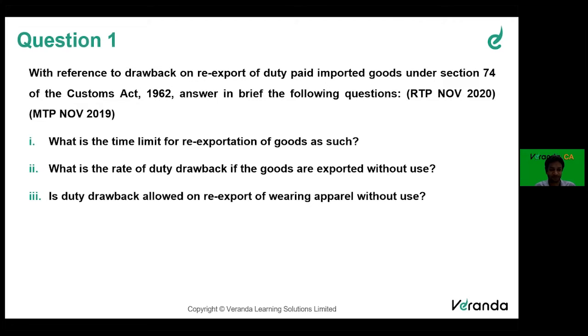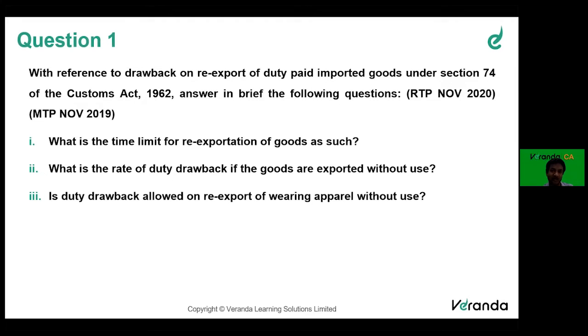Third question, is duty drawback allowed on re-export of wearing apparel without use? So in this case, we discussed that if I re-export within 2 years, I get 98%, right? This question says, what about wearing apparel? If you export wearing apparel without use, still do you get drawback?